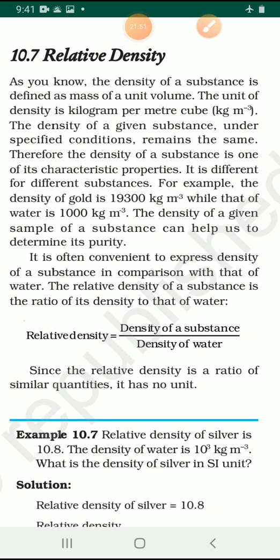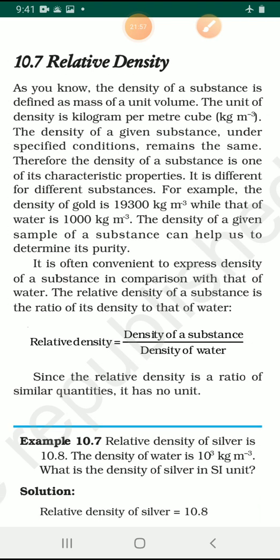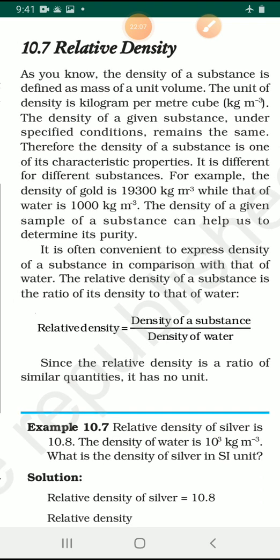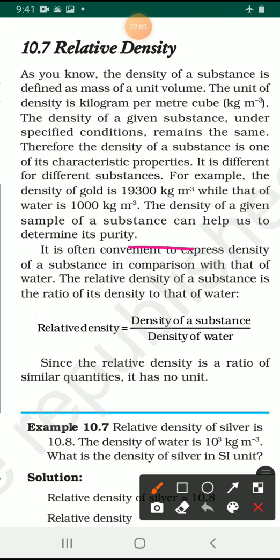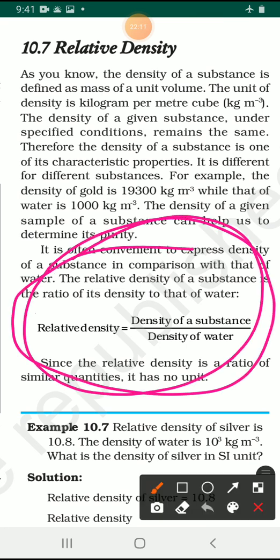It is often convenient to express the density of a substance in comparison with that of water. The relative density of a substance is the ratio of its density to the density of water. So as far as relative density is concerned, we relate the density with the help of the density of water. Remember that. As you can see, I'm going to mark here, relative density.